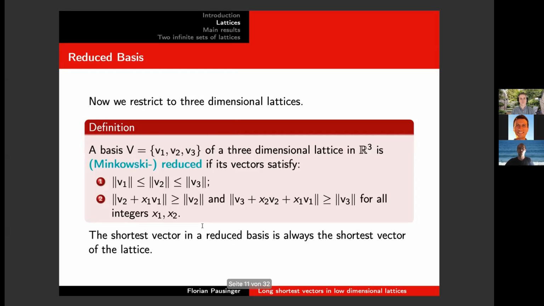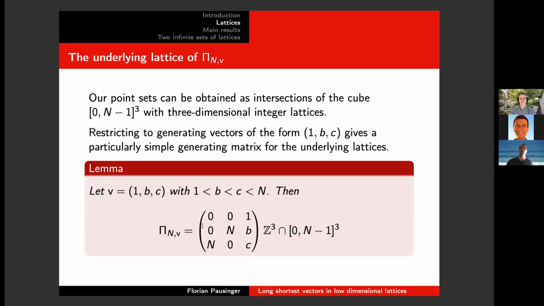Okay, oh, wrong direction. So with all this background on lattices, I would like to return to the original point sets I was interested in. So the point sets that I introduced can be obtained, which is not surprising, as intersections of the cube in which they are defined with an underlying 3-dimensional integer lattice.